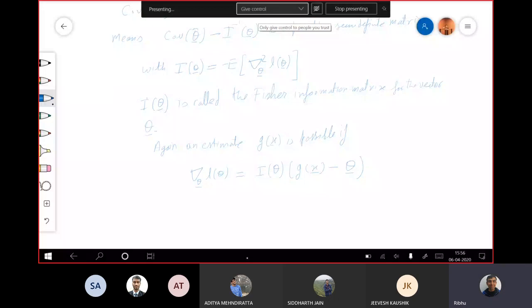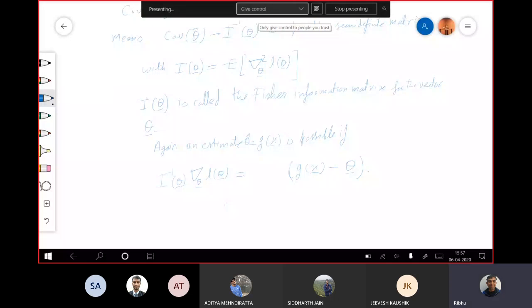Fine. So you can say that if I inverse theta times the first derivative of L theta can be written in this form, then you can find an optimal estimator.